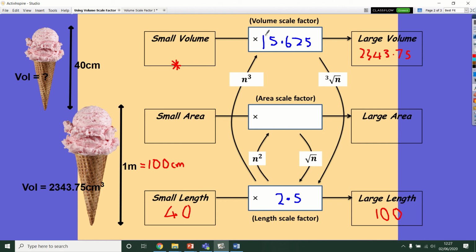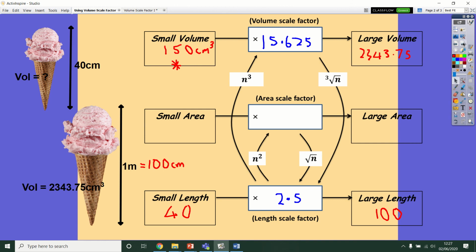This number divided by the scale factor gets this one. And if you divide those numbers, I'll do that quickly, you get 150. Nice number, like I said. And what's the units? Our volume units are centimetres cubed, so keep them the same. That second one is done.